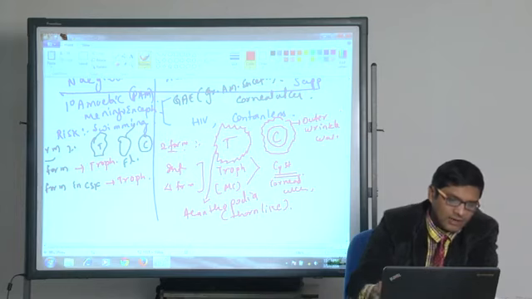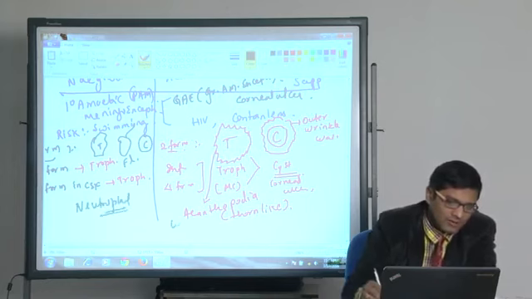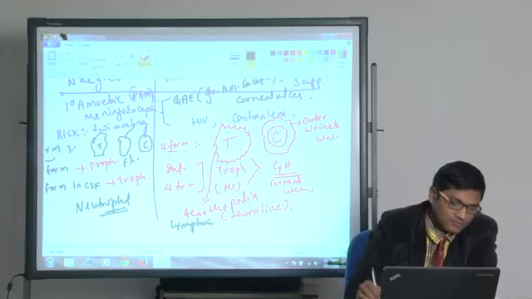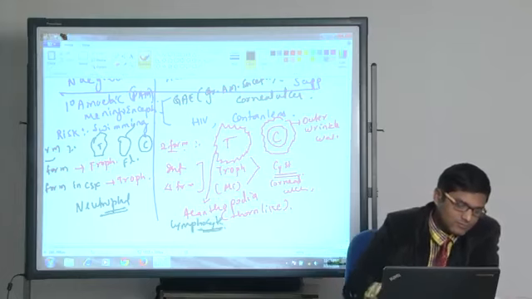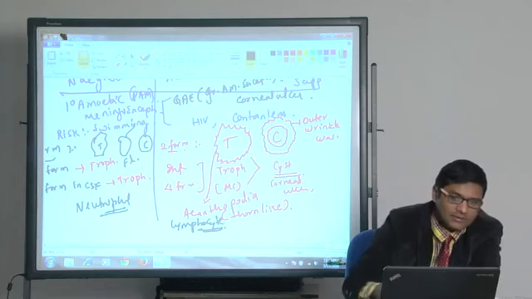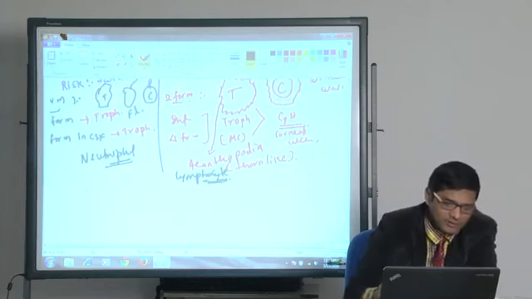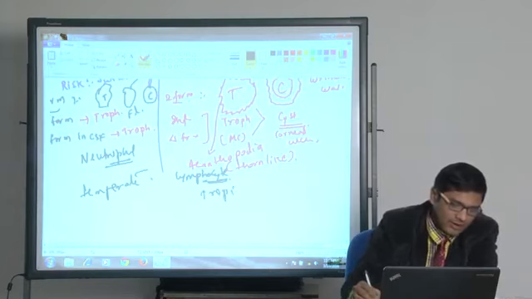Then other differences: in Naegleria you will have neutrophilic infiltration, whereas in Acanthamoeba lymphocytic infiltration will be there. Naegleria is common in temperate countries, whereas Acanthamoeba is common in tropical countries like India.